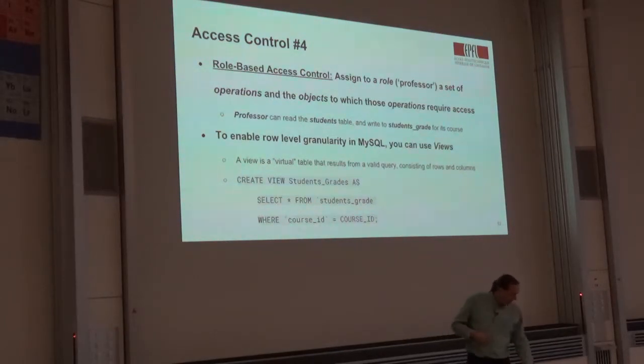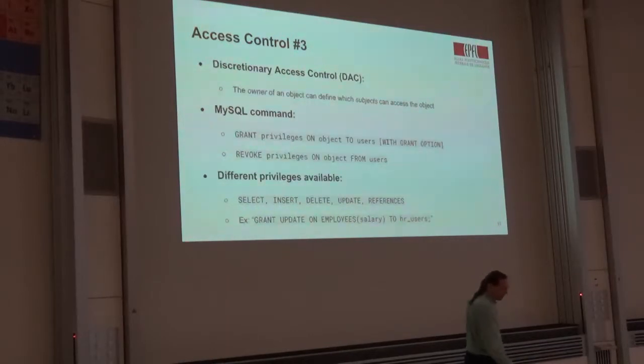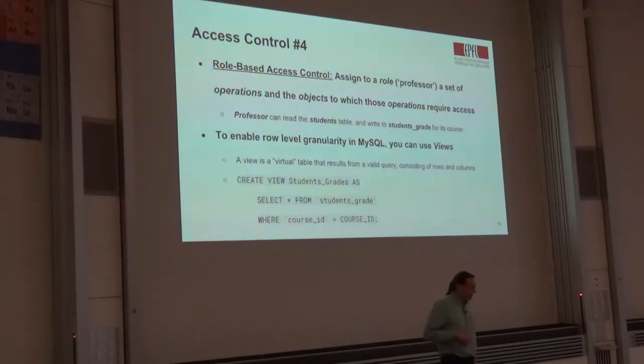There's different ways to define access controls. So discretionary access control basically says that certain users are granted privilege to access certain types of objects. Role-based access control abstracts that one level further to say, well, we have many users, but some users can play certain roles, like a role of professor, or role of human resources, or an accounting user or something like that.